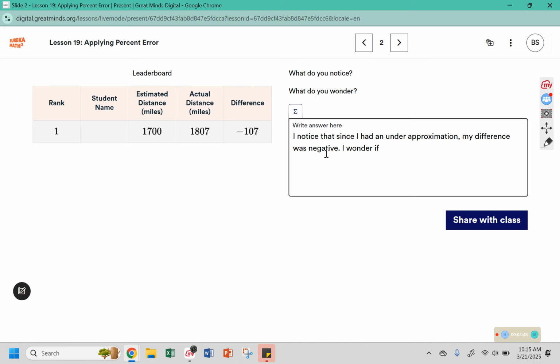I wonder how my peers' estimations showed up, how I would rank in comparison to their approximations or estimations.